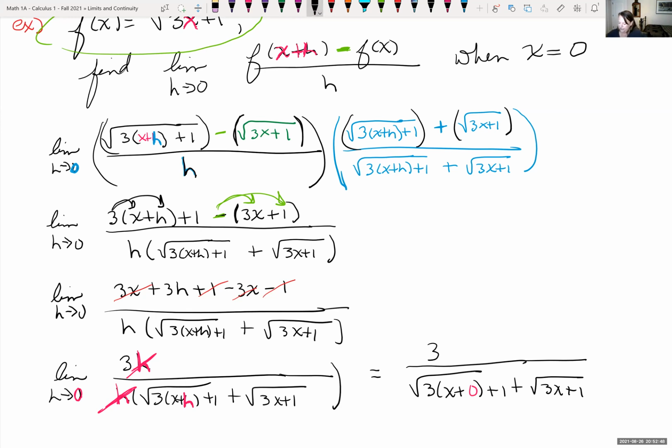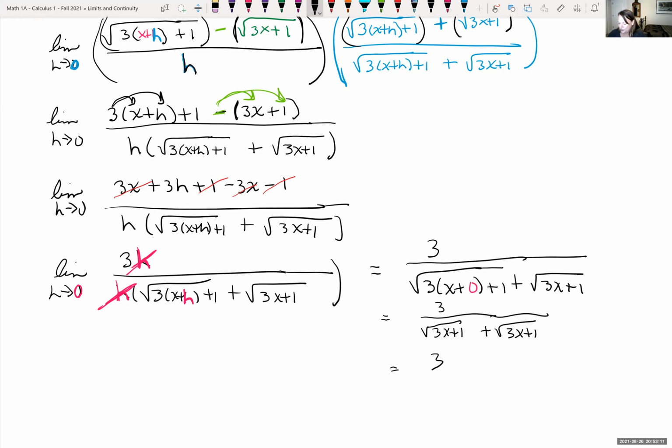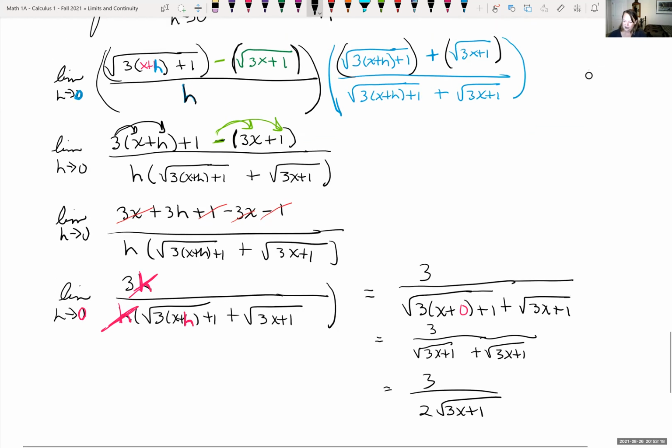So let me just simplify. This is 3 all over the square root of 3x plus 1 plus the square root of 3x plus 1. And notice that's the same radical, so I can rewrite that as 3 all over 2 square roots of 3x plus 1. Almost there.